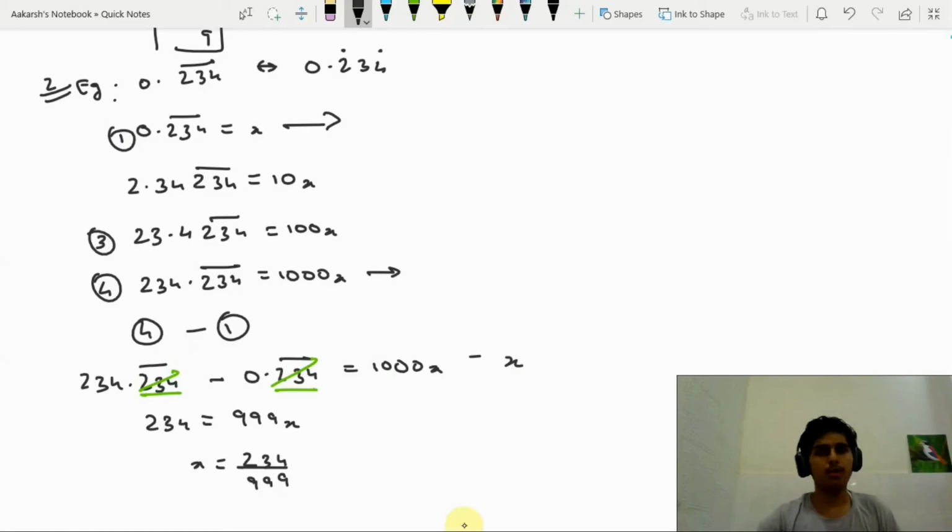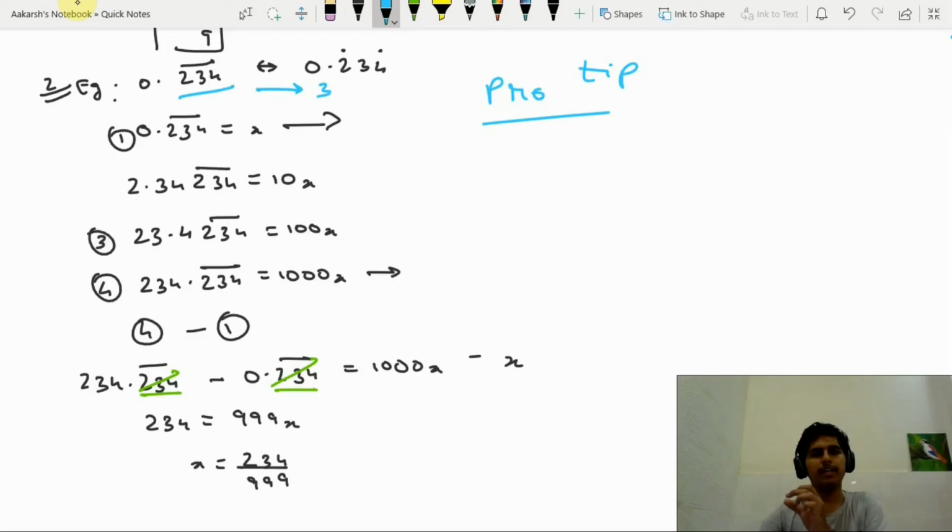And for a pro tip, one thing if you would have noted, I'm sure that the number of places in the decimal which is getting repeated, like in this example of 0.234 repeating, here we had three places which were repeating. So we have to multiply by 10 raised to 3. But don't take this as a rule. You might have something different, as in if you had 0.12, but this is not the repeating part.